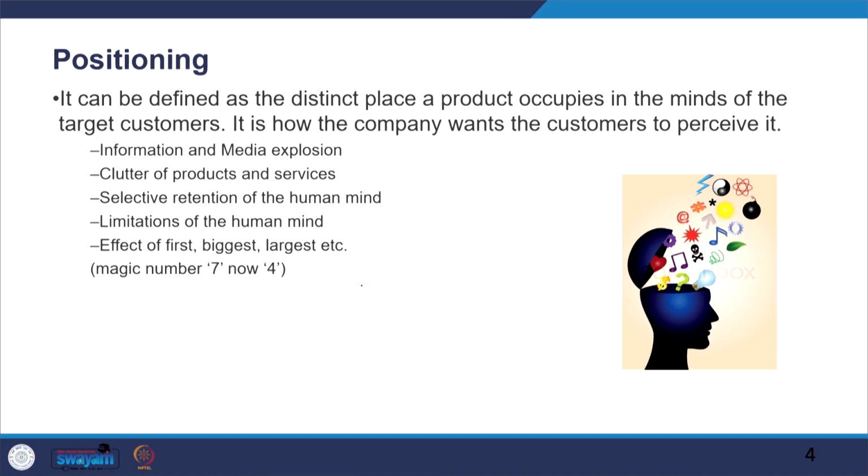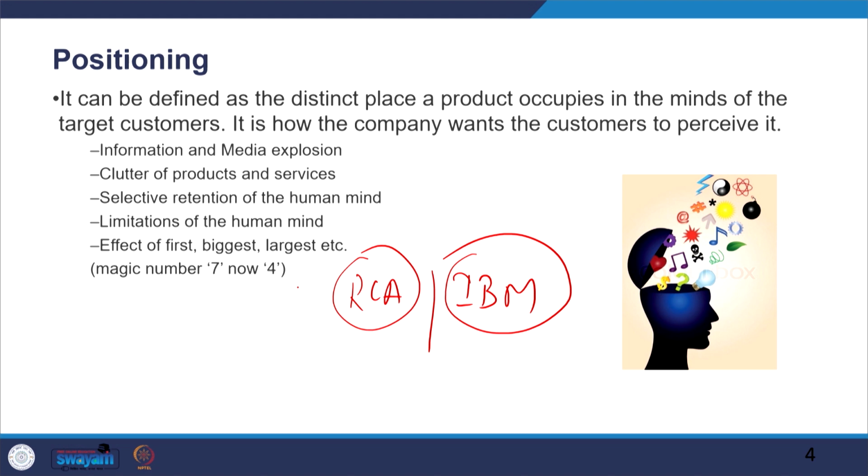For example, if I write two companies, let us say making computers, versus IBM, and in a split of a second I ask you which one do you connect with, and after maybe a day if I ask you which one did I write here, you will maybe only remember this, right. You might not even remember the 3 alphabets that I had written.